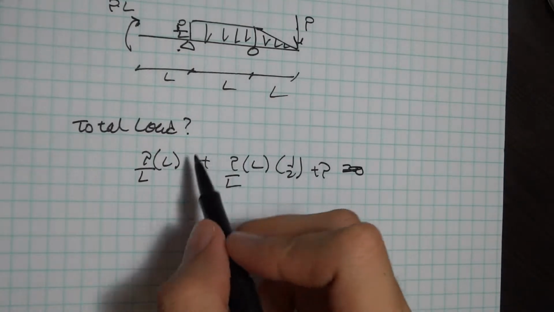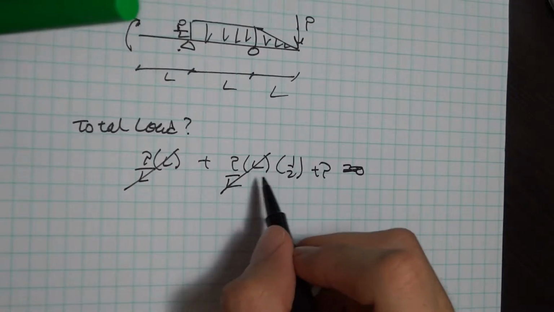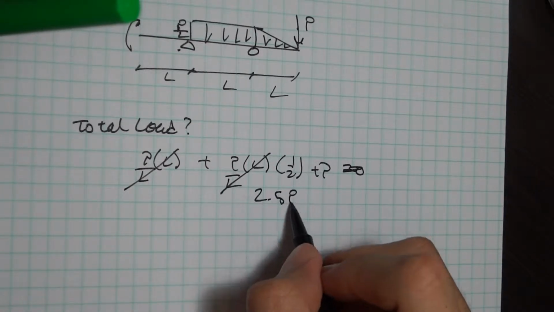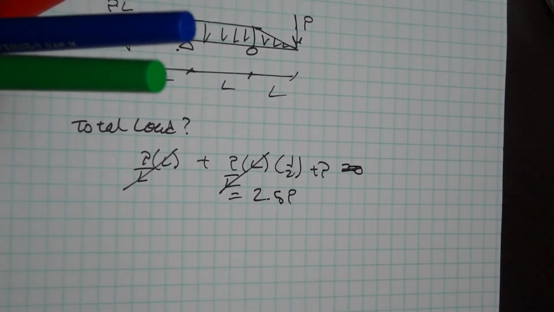This is P over L times L. These cancel, and you're left with 2.5 P. And that is your total load.